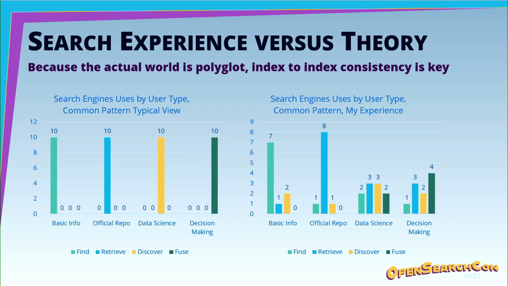But what's actually happening is these different types of paradigms are starting to merge together at these different levels. So even on basic info, you begin to see data science creeping in to get a better search result for a user. On the flip side, for the decision makers, they not only want to be able to drill into what a data science pattern is, they also want to be able to search whatever corpus was used to generate that information.